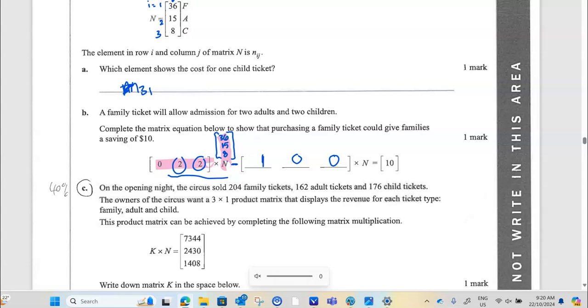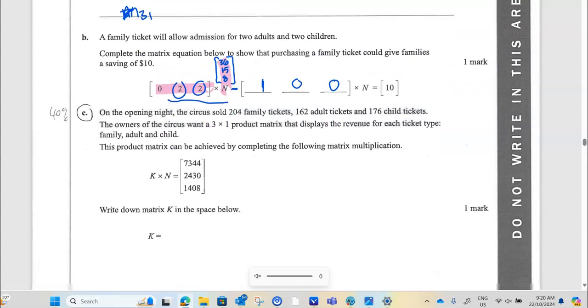So that would show it. That was all done okay, but it was this next question that wasn't done. On opening night, the circus sold 204 family tickets, 162 adult tickets, and 176 children tickets. The owner of the circus wants a 3x1 product matrix that would display the revenue for each type of ticket, adult, family, and child.